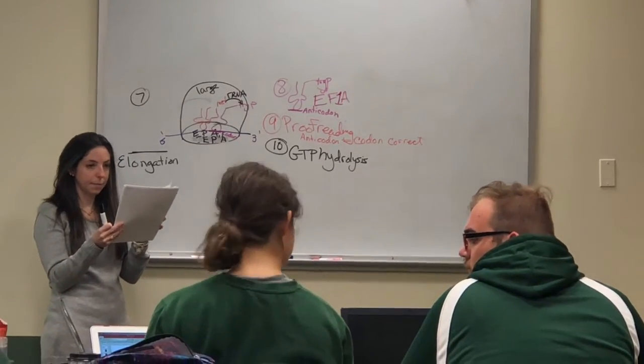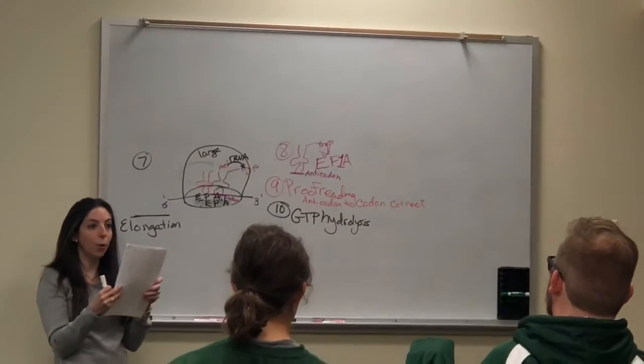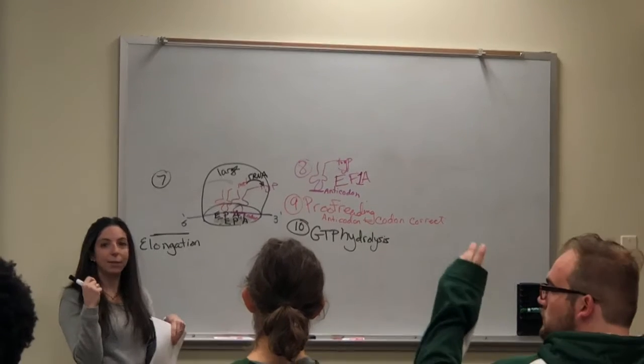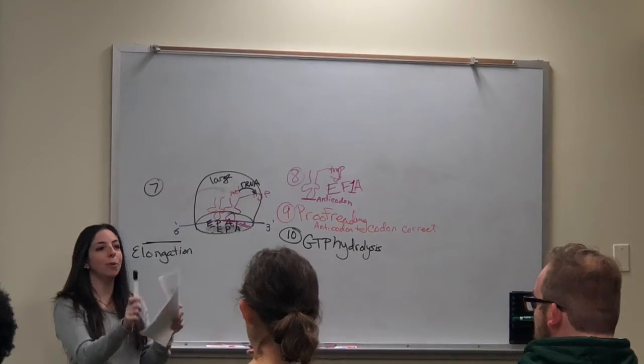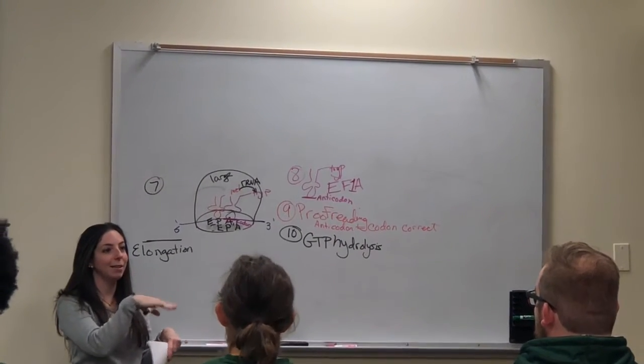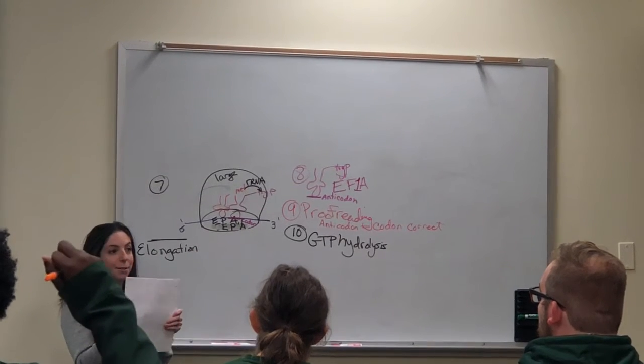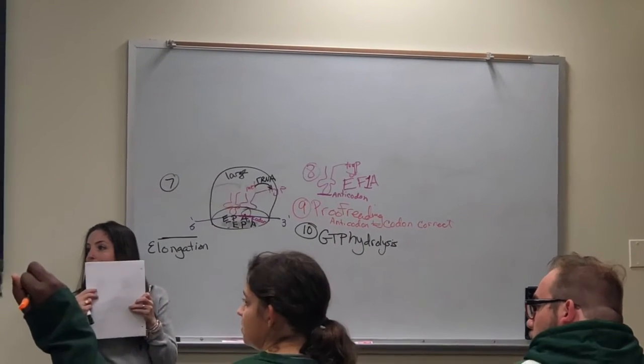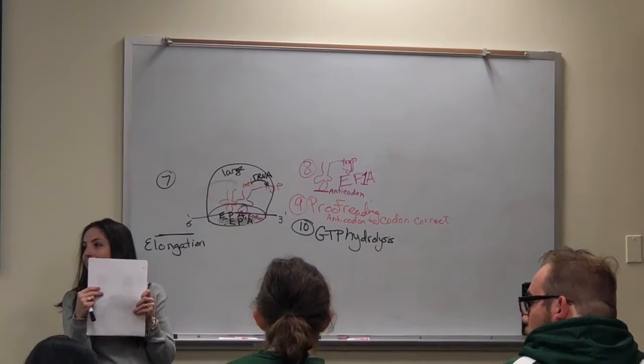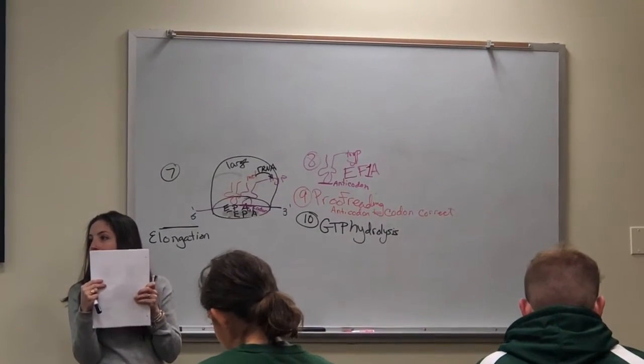Can you say that last part again? In order for this whole ribosomal subunit to slide down the line, some GTP is hydrolyzed. So it just bumps the amino acid and all down the line.